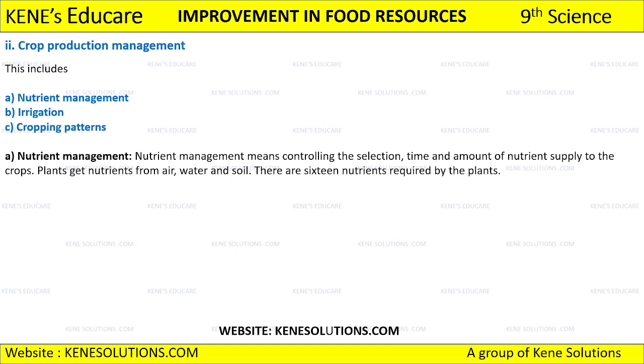When it comes to nutrient management, it includes controlling the selection, time and amount of nutrient supply. We are controlling the time and amount of nutrient supply that the plant will get. Plants get nutrients from air, water and soil, which provide the plant with the specific nutrients required by them.